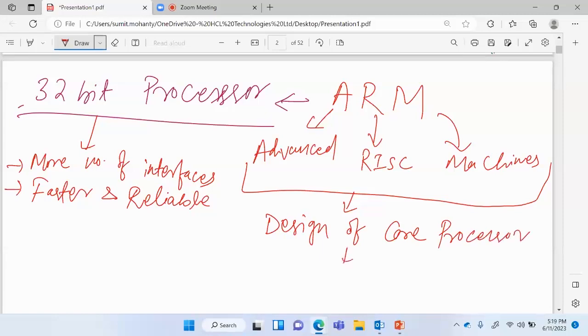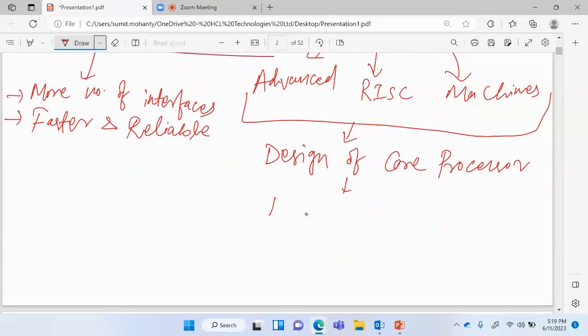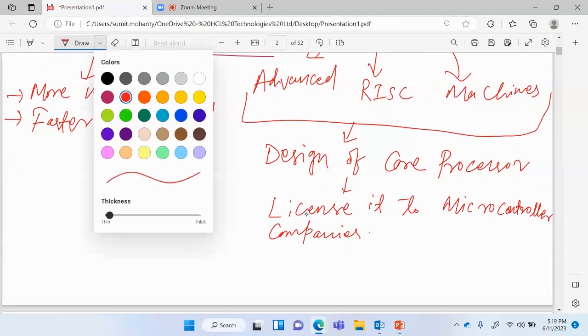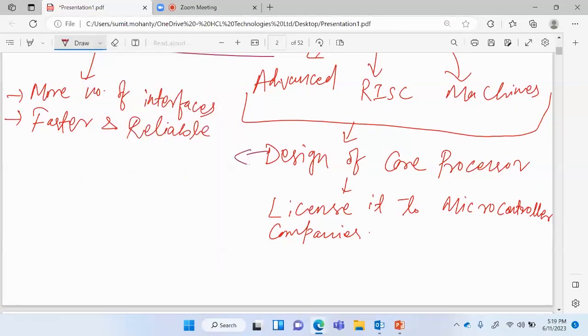They do the design, and after that they license it to different microcontroller manufacturing companies. In the design they put buses.